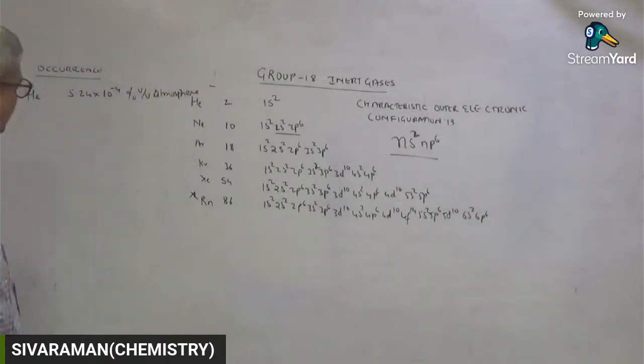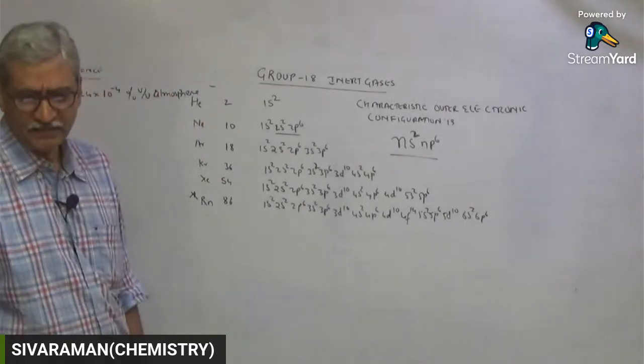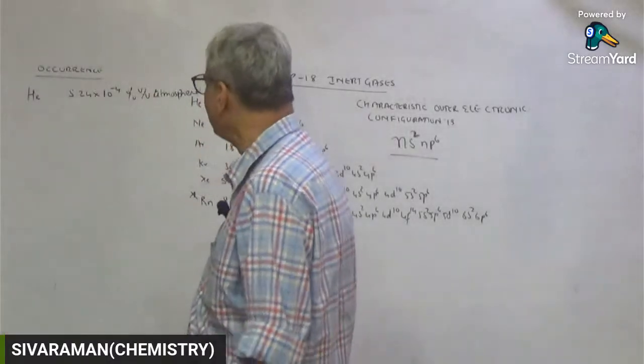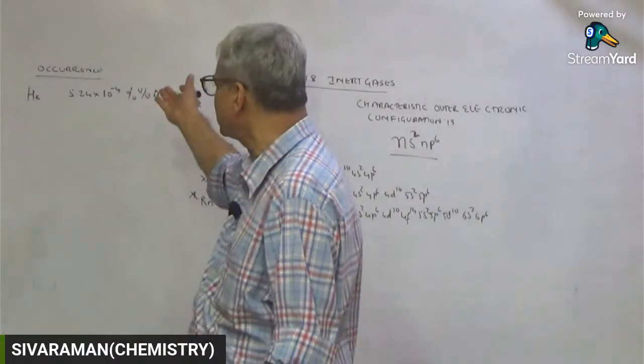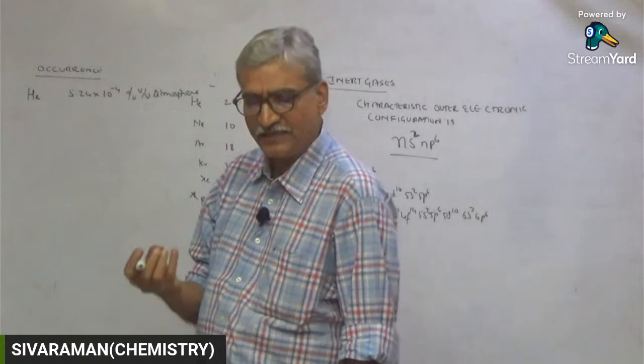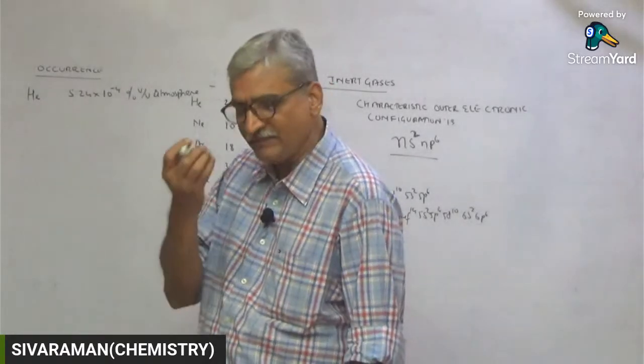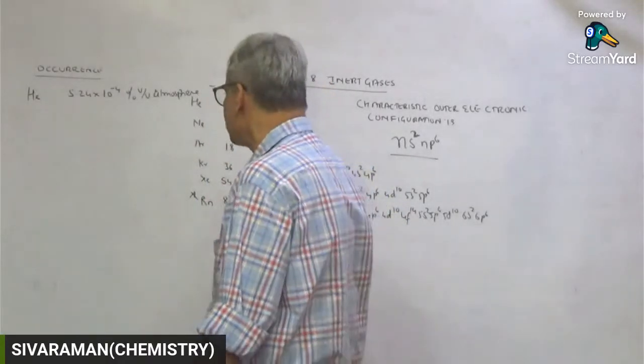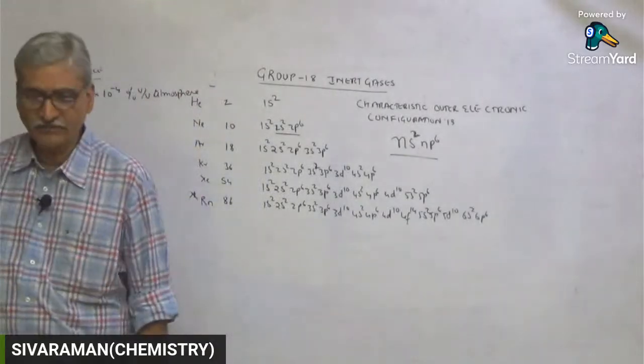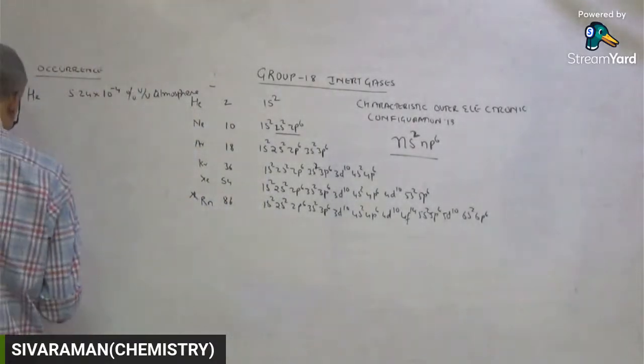So if you take 100 ml of atmosphere, 5.24 into 10 raised to minus 4 ml only will be helium. Is this point clear? So it's volume by volume of the atmosphere.